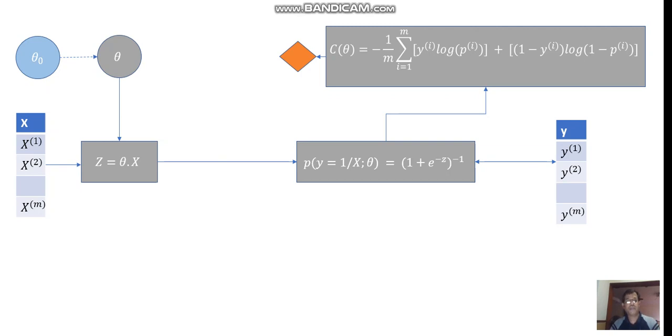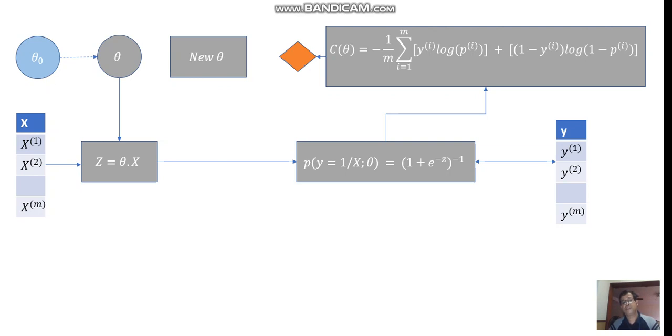But if it is not minimum, then we have to adjust the value of theta in such a way that the cost function's value should tend towards the minimum value step by step. So in that case we have to recalculate the value of theta. And how do we do that? That calculation is done by two things.